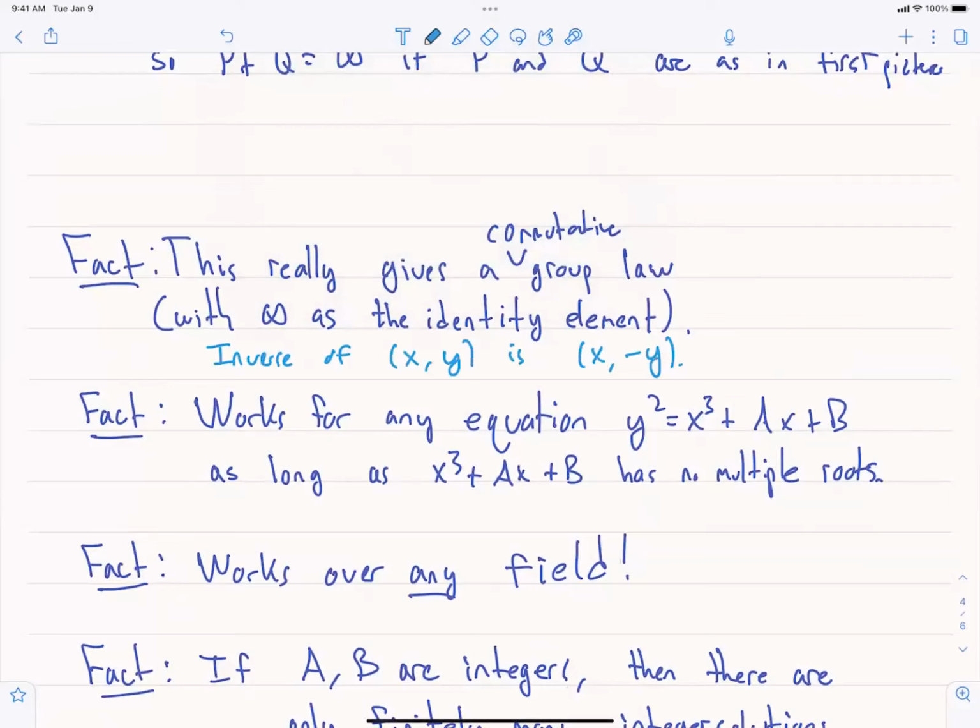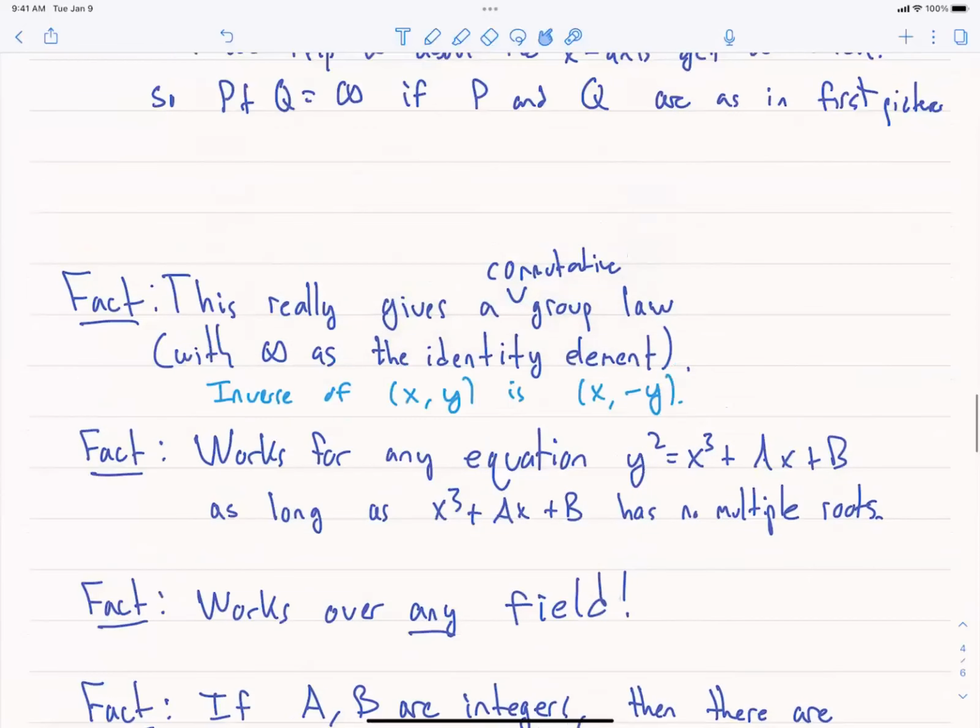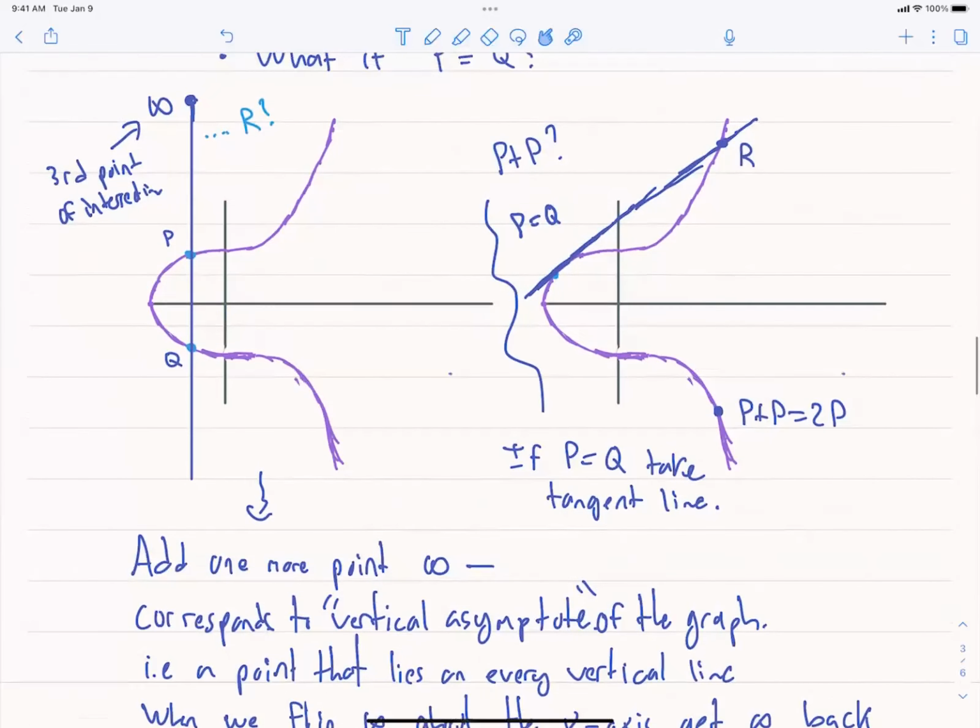And again, that's because if infinity is the identity element, and I want to add up two things to get infinity, I can just take two things that lie on the same vertical line. That's how we added this point at infinity anyway. So we had an answer when we added two things on a vertical line. So really, you can think that when we added in this point infinity, we were adding in an identity element.